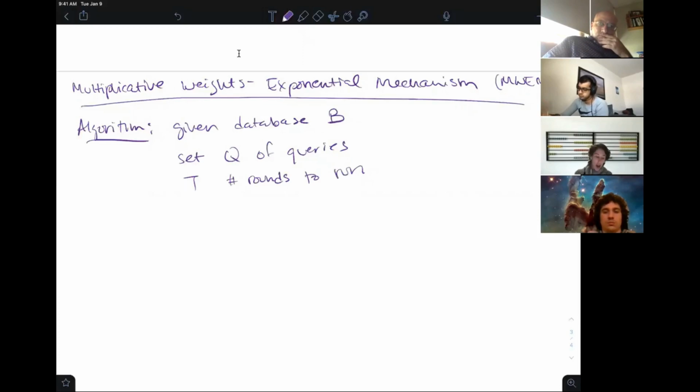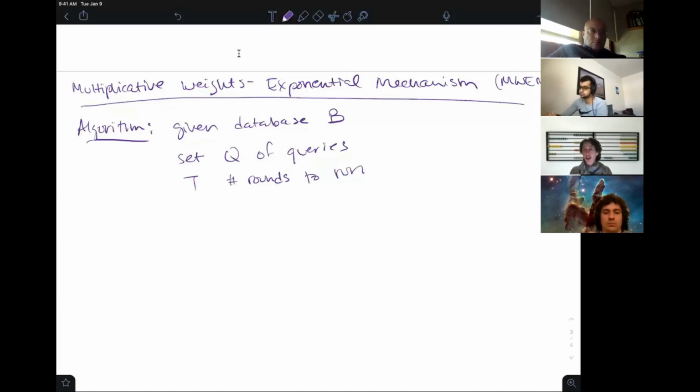Okay, so now what am I going to do? I'm going to start with candidate synthetic data. But it's going to be terrible synthetic data. I'm going to start with the uniform distribution over all possible database entries. Okay, so what does that mean? It doesn't exactly look like a database, so forgive me for the next 5 minutes. I'm going to talk about distributions over the space of possible data elements as if they were databases.